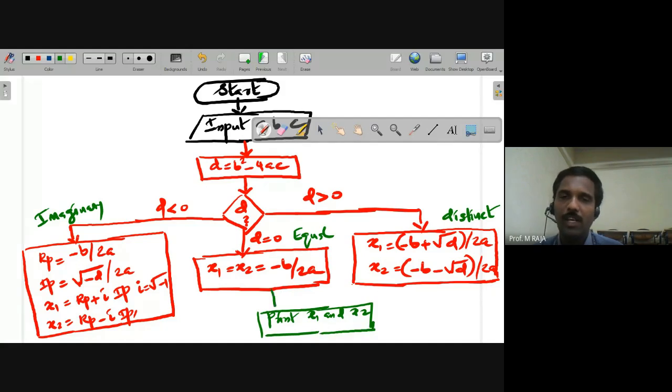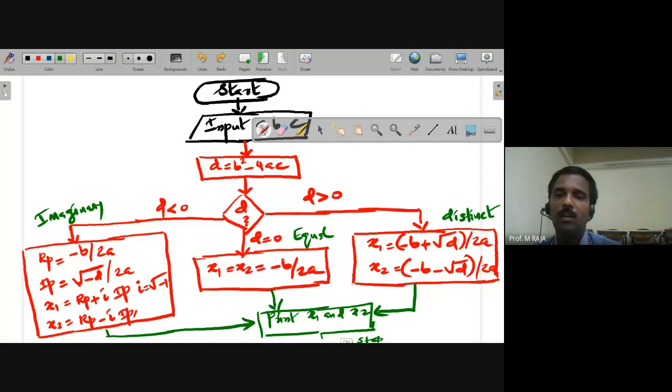So here we can directly write this flow mark. Here also, after printing imaginary roots, we need to print x1 and x2. Then finally we need to stop. Here I write stop.